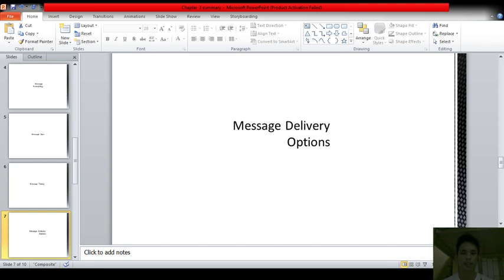A one-to-one delivery option is referred to as unicast, meaning there is only a single destination for the message. For example, I will send information to that specific person only. So there is a one-on-one transmitting of the message. That's what we call a single destination for the message.